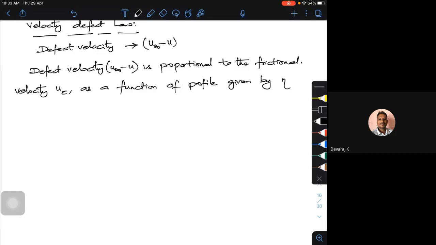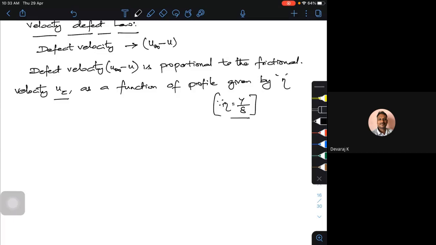What is eta? We already know that eta is nothing but y by delta. So we are trying to build a relationship between the difference of the local velocity and the free stream velocity with respect to your frictional velocity, as a function of y by delta.